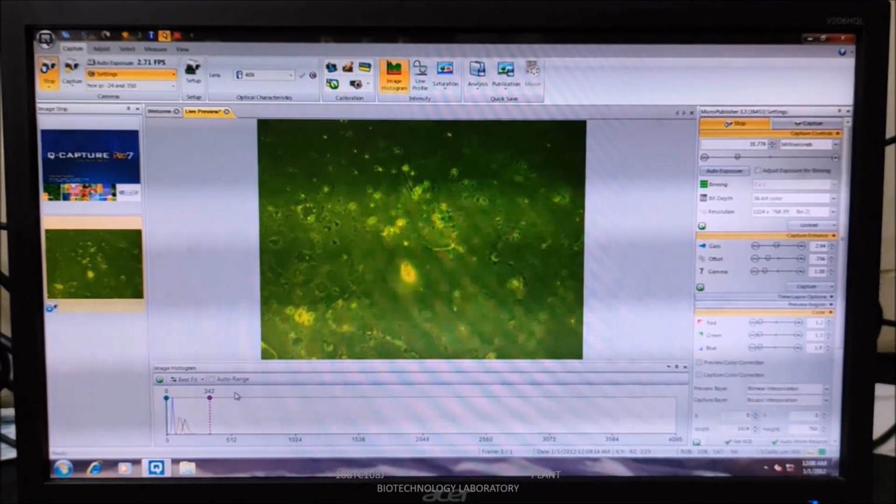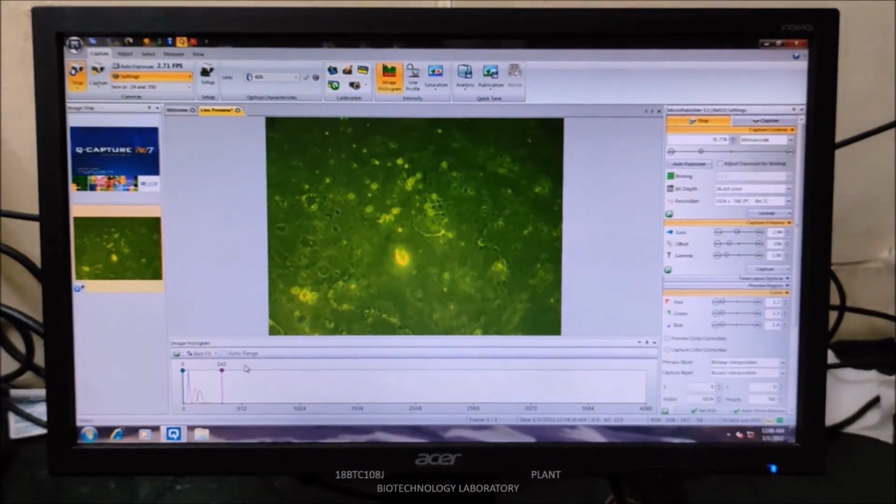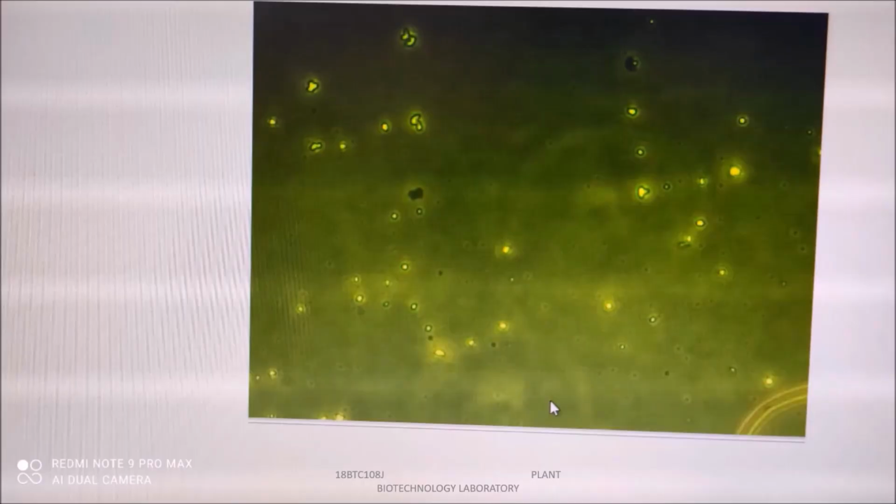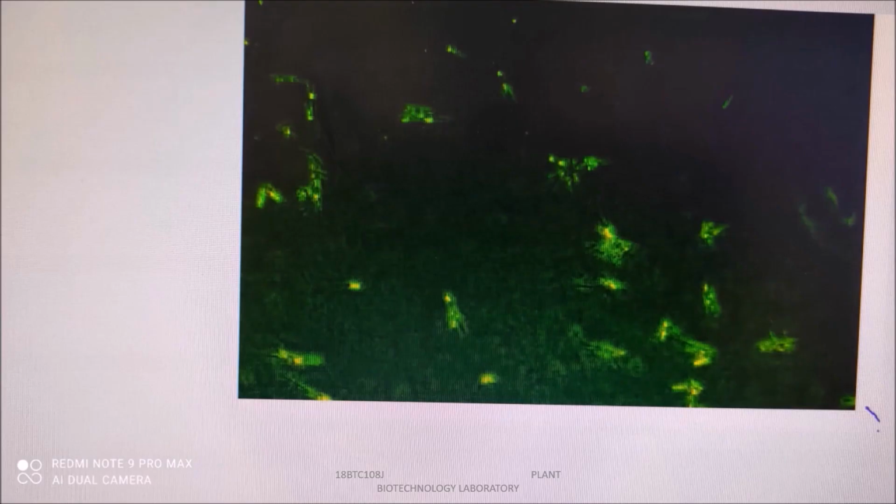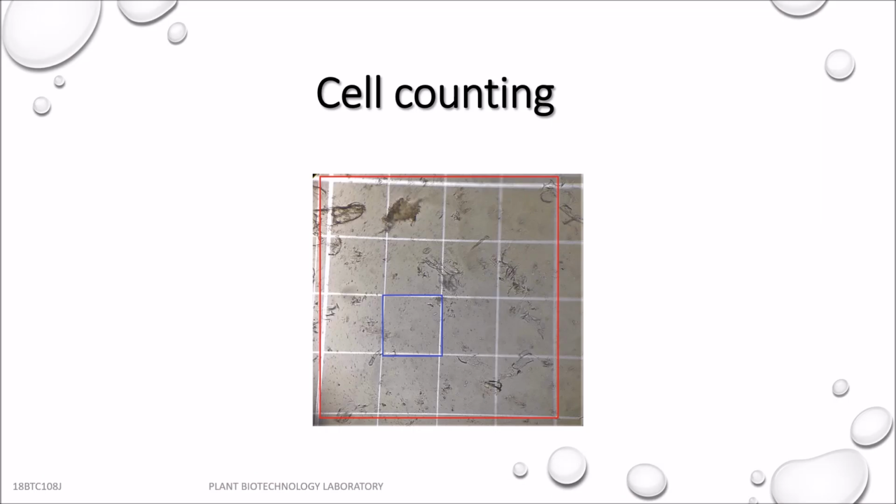The images are captured and processed using the software. Viable cells exhibited bright yellow-green fluorescence. The viable individual cells and viable cell clusters exhibited bright yellow-green fluorescence.